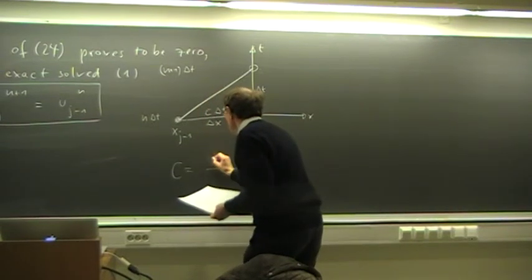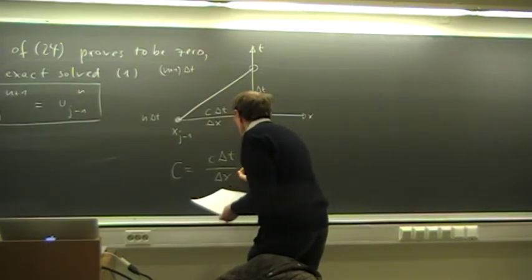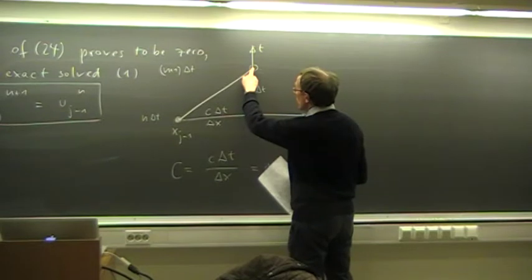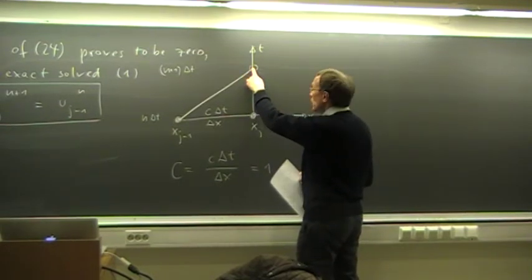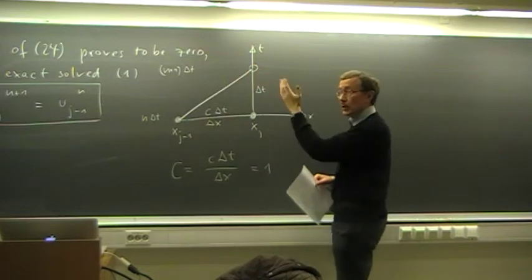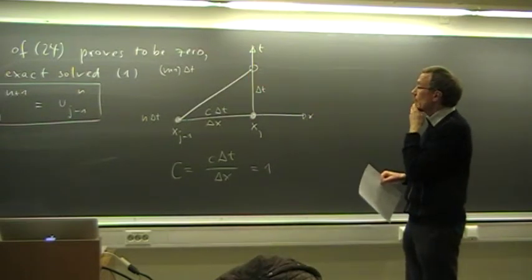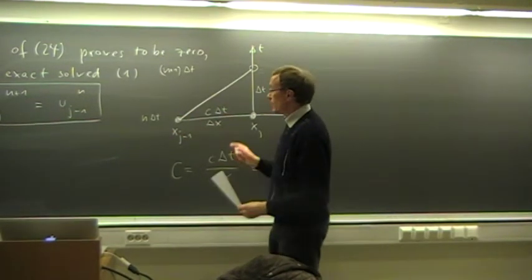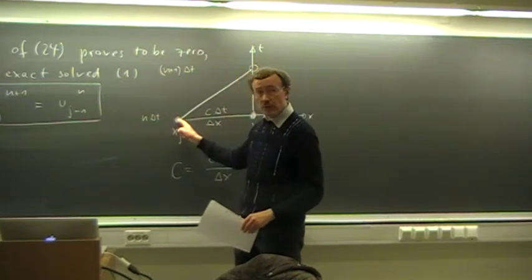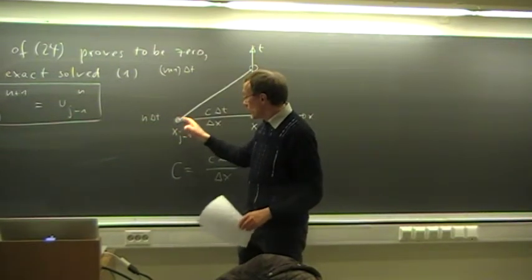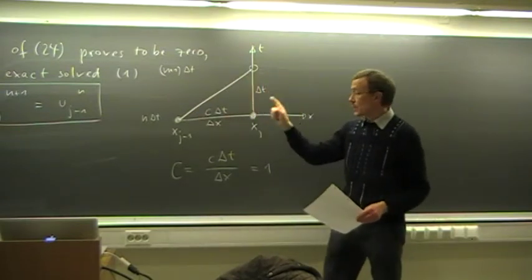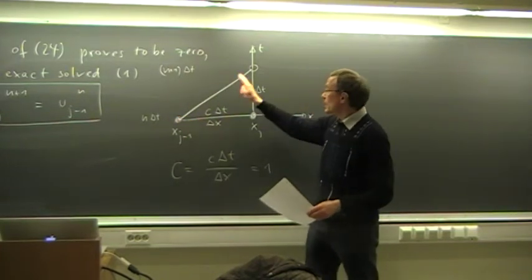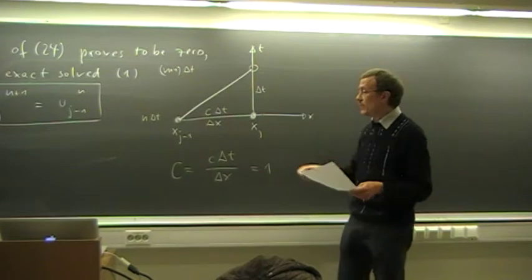So the Courant number is c delta t divided by delta x. If that is 1, then these two are equal. And then the characteristic to our unknown at the new time level is coming from where we have the solution. And that is the solution at the grid point j minus 1 at the old time level. And we know the solution is constant along characteristics. So when we have this special case, then the solution from here will be transported here. So then we have the exact solution.